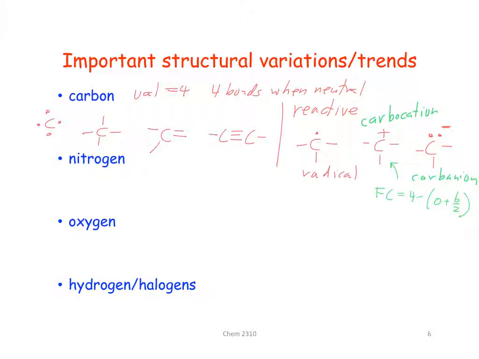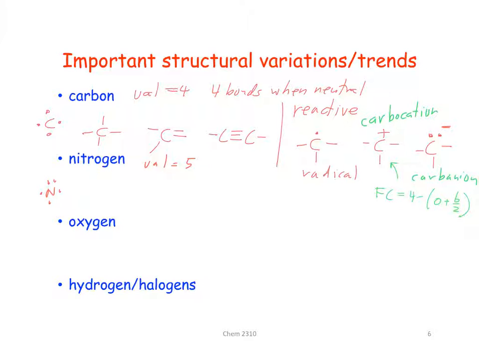For nitrogen, how does the number of valence electrons differ? Nitrogen is to the right of carbon, so it has 1 more valence electron. So it's going to have 5 valence electrons. If we draw it out like that, how many bonds do you think it's going to make when it's neutral?